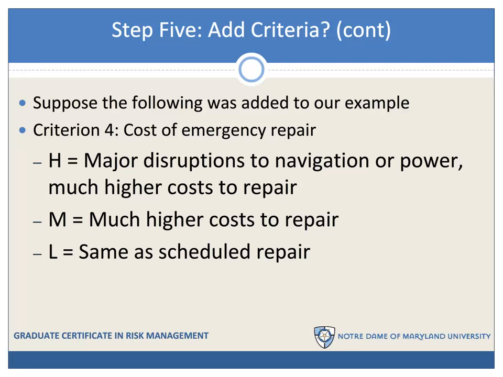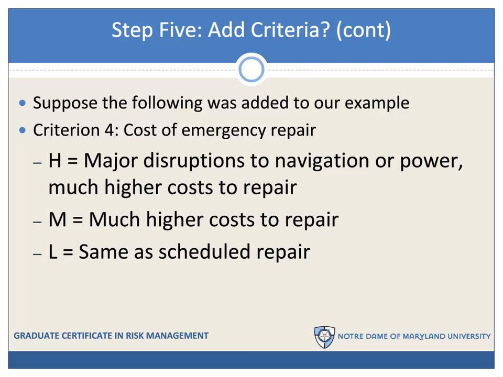In this example, imagine that we have decided something is missing. We did not consider that if Jack Flash did fail emergently, the consequences to the flow of navigation and power production would be huge. These consequences were not considered in our original consequence criterion. So we might add a fourth criterion, such as you see here, the cost of emergency repair.